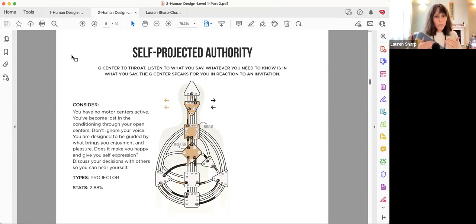It's really hard for them when they discuss their opinions and decisions with other people, who give their input, and it's like, but I was just using you as a sounding board. How do you work with this? You don't want to ignore your voice. Anything connected to the throat, it's important that the individual speaks, that it can be heard, and that they make that decision for themselves.